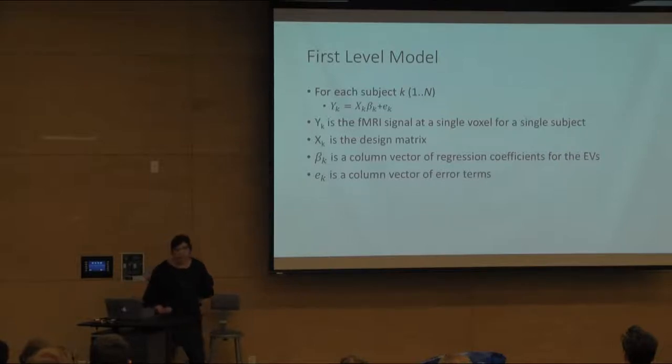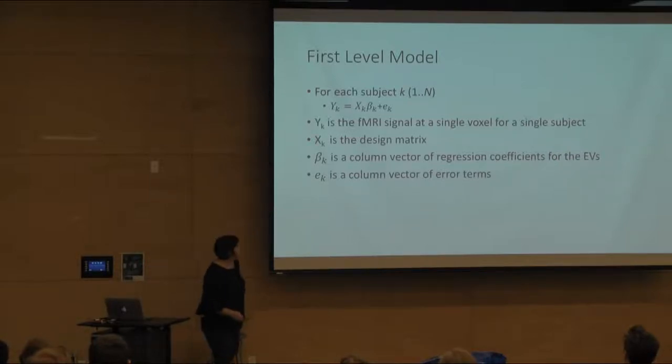The model that you're running looks basically something like this. And I won't go a lot into math or anything, because I'm going to lose myself and I'll lose all of you. But basically, for each of the n subjects that you have, you model the BOLD signal y of k, where k is the subject, by some design matrix times the beta weights that you want to calculate. So all of the things that you're calculating are betas, beta coefficients, essentially.